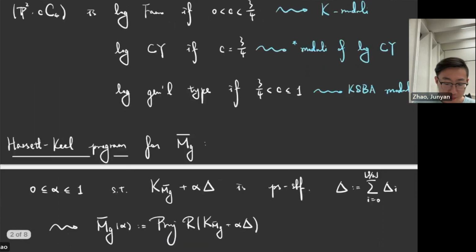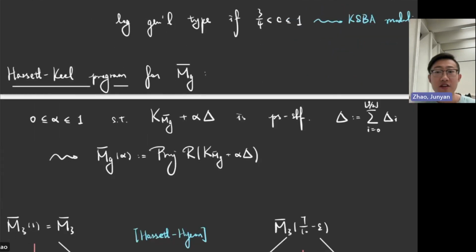Another approach to the moduli of curves is by using the so-called Hassett-Keel program, which I will recall again later. Roughly speaking, you choose a rational number alpha between 0 and 1, such that the divisor K plus alpha times delta, where delta is the boundary divisor of M_g bar, is pseudo-effective.